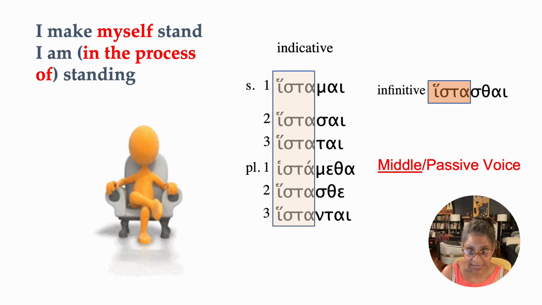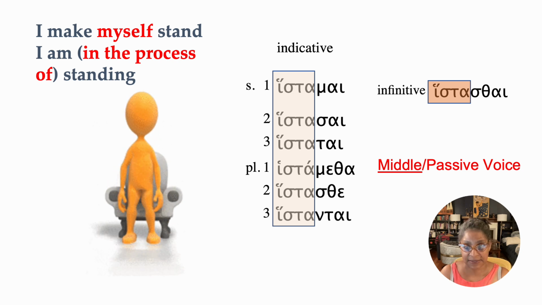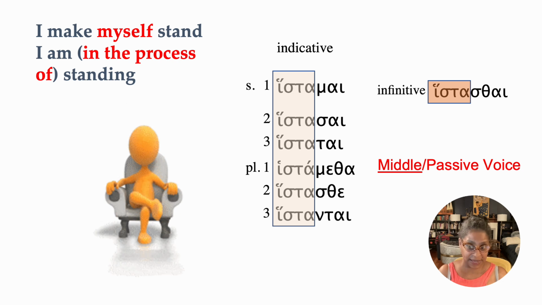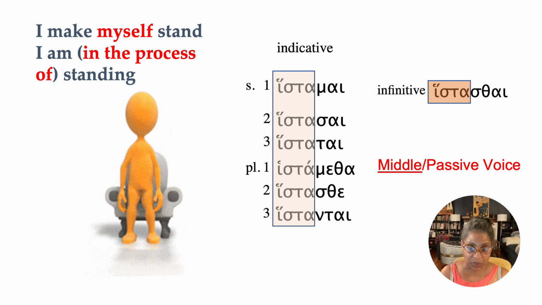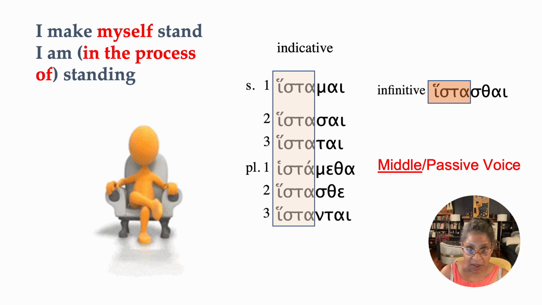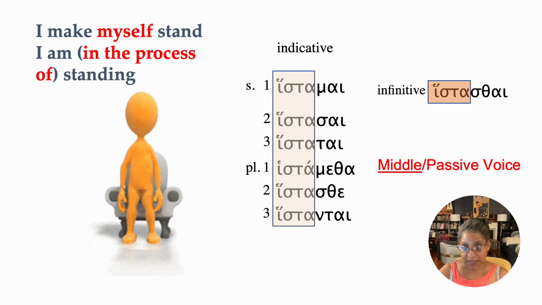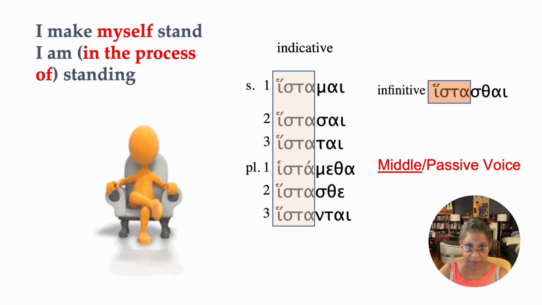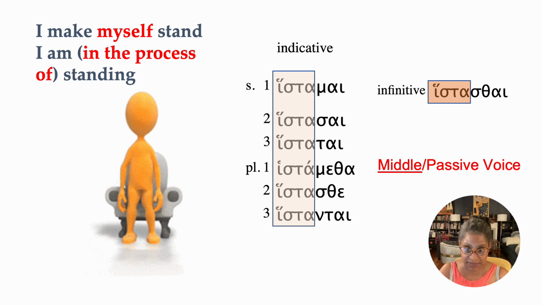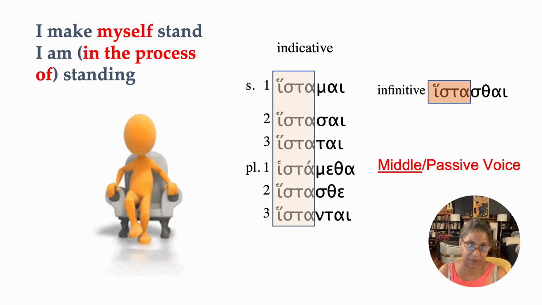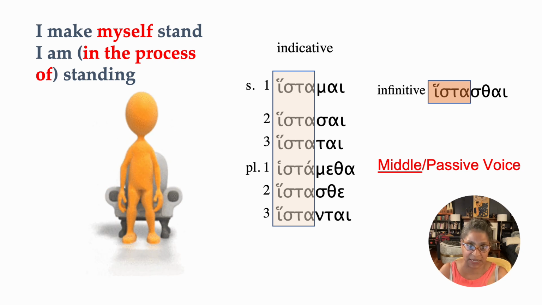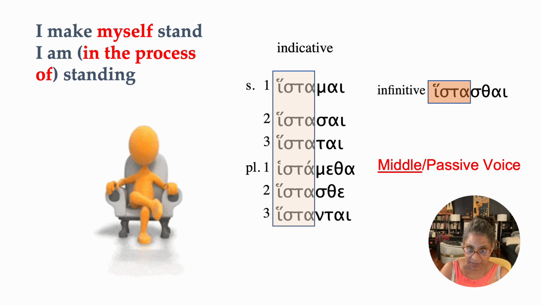Now, we can't yet say I am standing or I stand yet, because that requires us to go to the perfect or the aorist, right? But right now we can say I am getting up or I am in the process of standing. Present is always an ongoing action. So I'm in the process of standing. I am making myself stand up, or I make myself stand up, right?